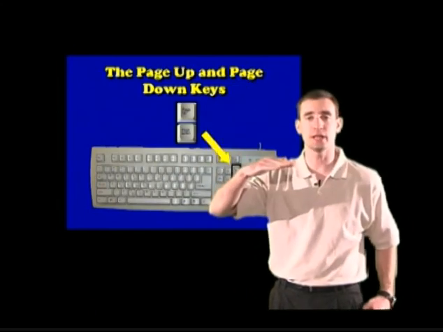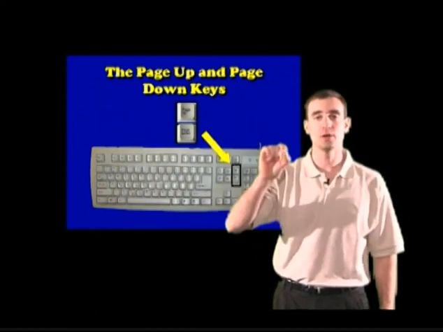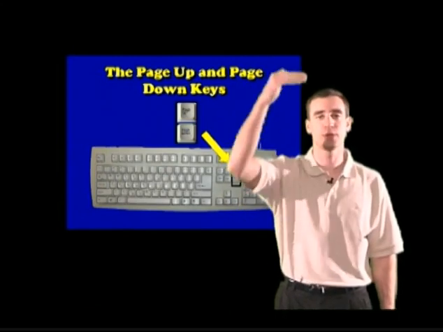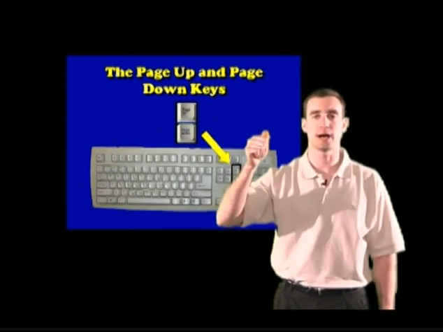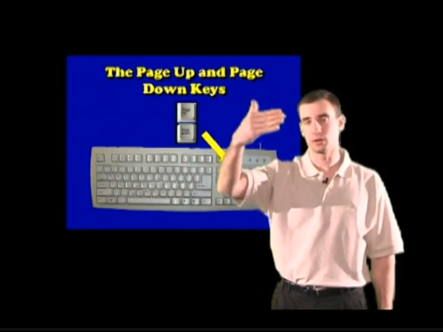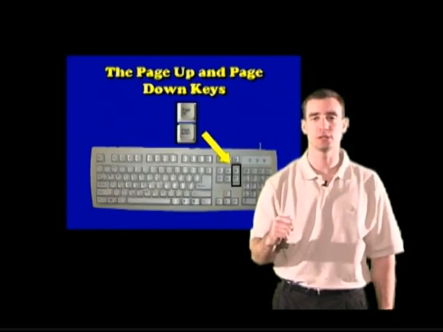You're viewing page 30, and you want to go to page 29. You can simply press the Page Up button one time, and the computer will take you to the page located above. If you press Page Down, you'll go to page 30. You press Page Down again, you'll go to page 31.